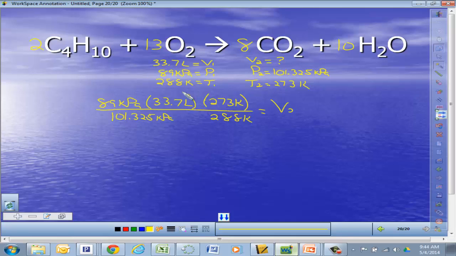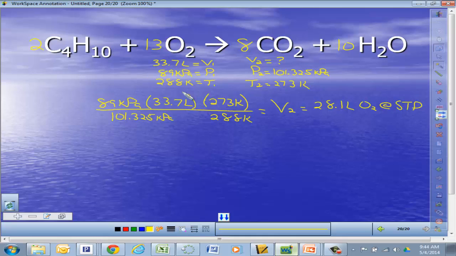That will give me my second volume, an answer of 28.1 liters of oxygen at STP. I have to go to that so I can use that 22.4 when I go to the railroad tracks.